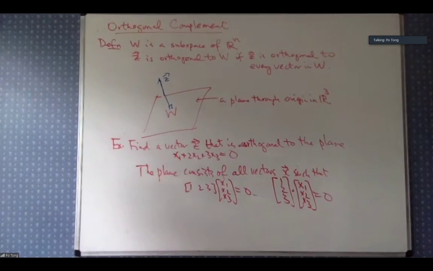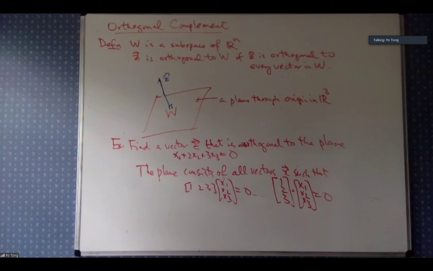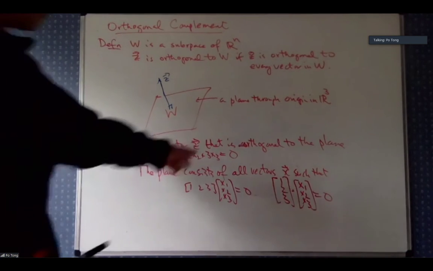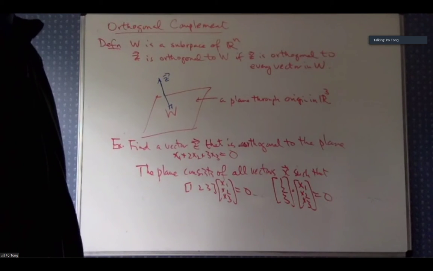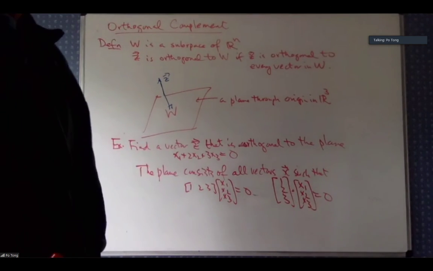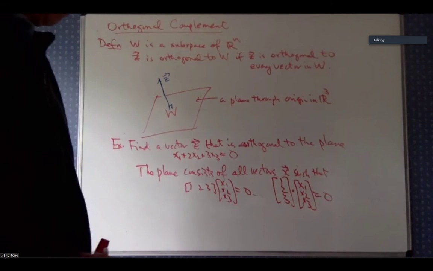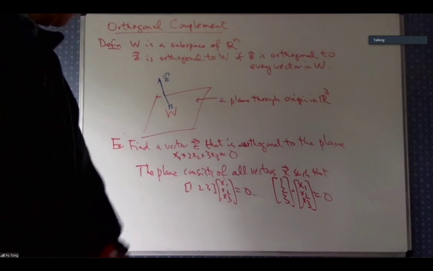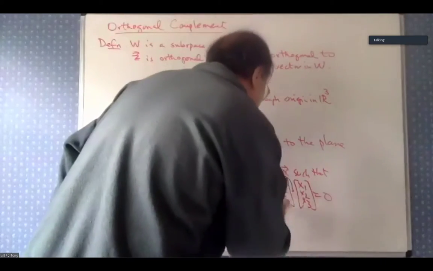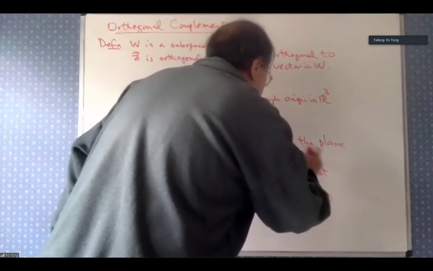So from this, can you pick out my vector Z? We want the Z to be orthogonal to every vector on the plane. Which vector is Z? Can you see that this guy is my Z?